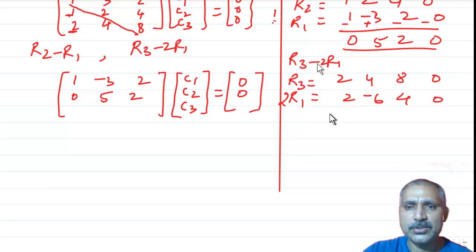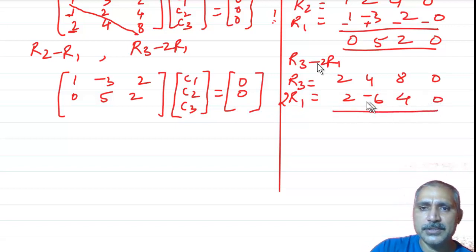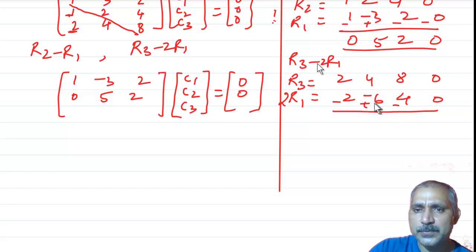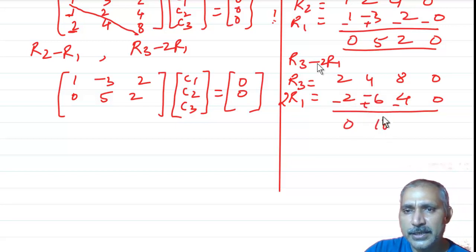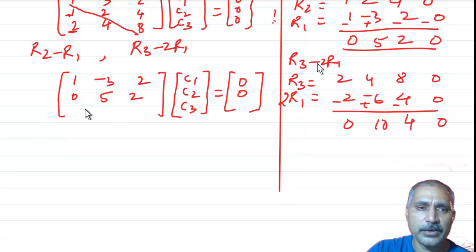This will become 0. Now we will subtract, so the sign will change. So it is going to be 0, 4 plus 6 is 10, 8 minus 4 is 4, this is 0, so we got the new row as 0, 10, 4 and 0.